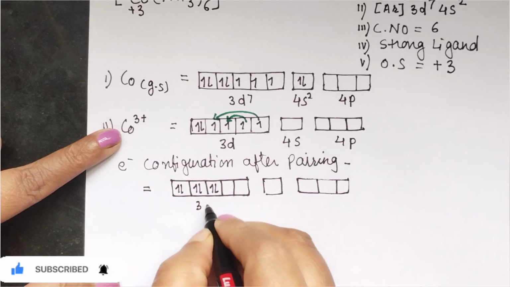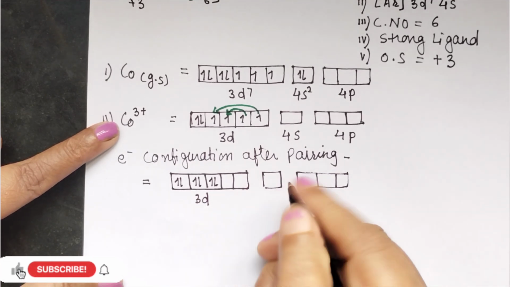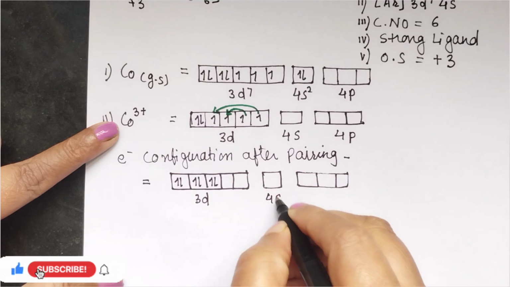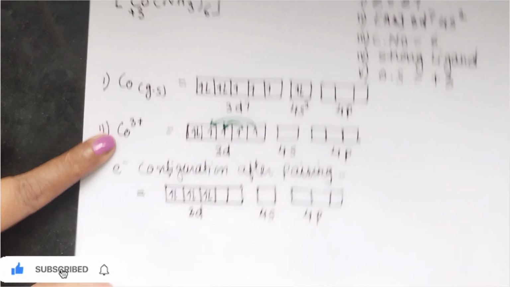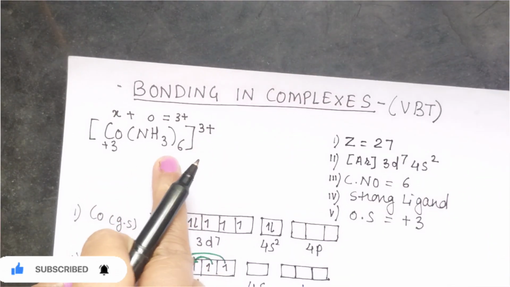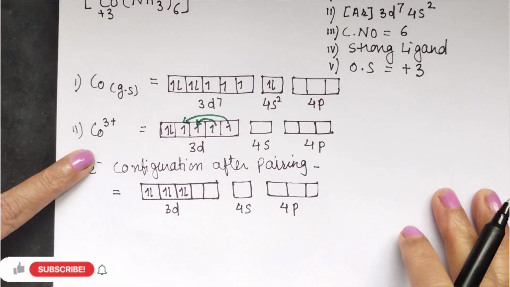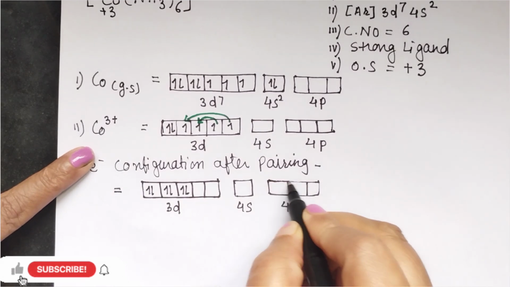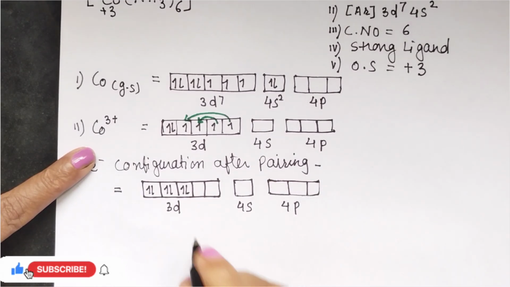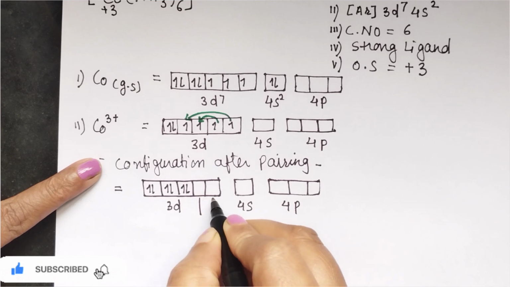Now this 3d is having 2 vacant orbitals. One from this 4s, and this is 4p. How many ligands do we have, students? We have 6 ligands in the complex because the coordination number is 6. So I require 6 vacant orbitals for amine to overlap. Now the first orbital will be this, second will be this.